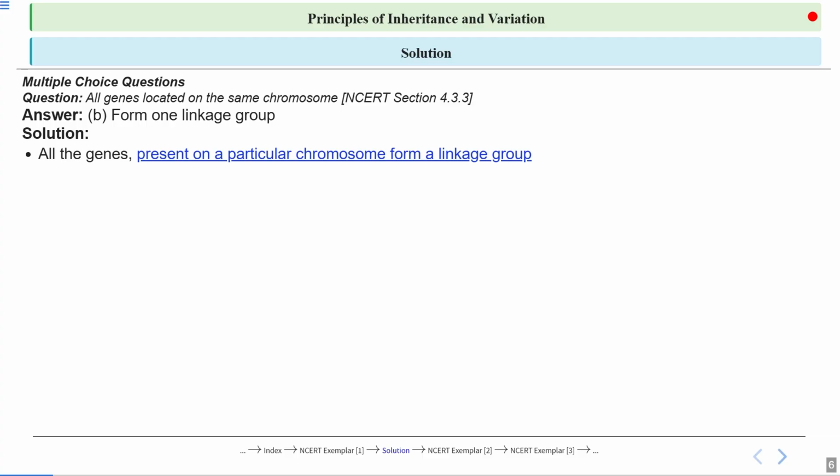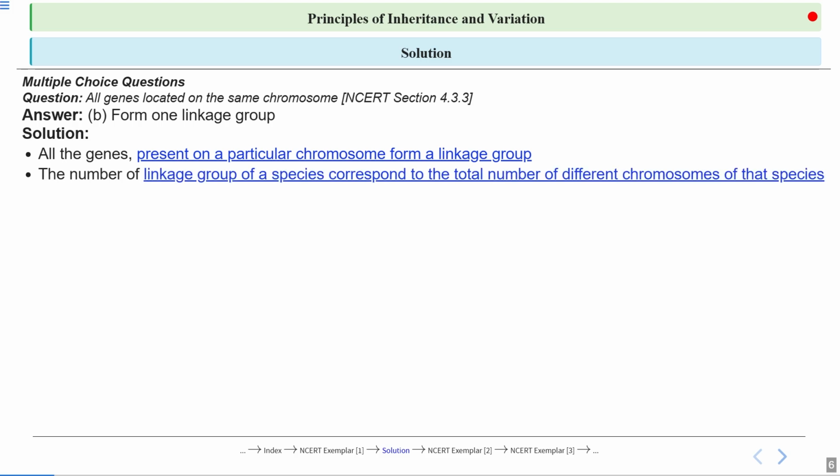Now the number of linkage groups of a species corresponds to the total number of different chromosomes of that species, and it is not simply the number of chromosomes in the haploid set. So there is a difference between the number of chromosomes in the haploid set and the total number of different chromosomes.